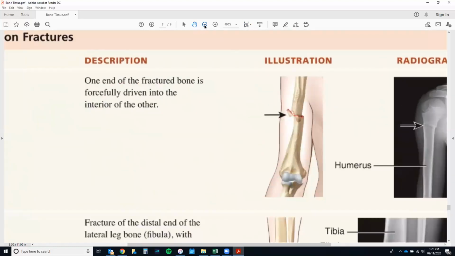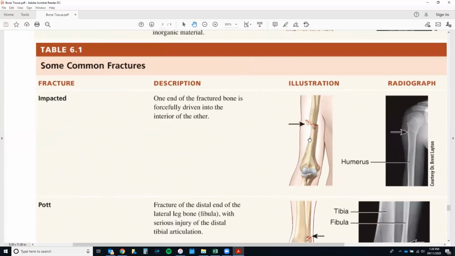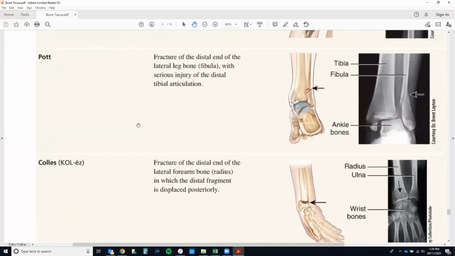The next one is an impacted fracture, where the fractured bone is forcibly driven into the interior of the other. So very bad, and probably another surgical procedure to fix. The last two, Pott's and Colles fractures, probably named after a doctor that discovered them or described them. A very common ankle injury is Pott's fracture, where the distal end of the lateral leg bone, so the fibula, is broken down there towards the ankle, while we also see ligament damage on the medial side.